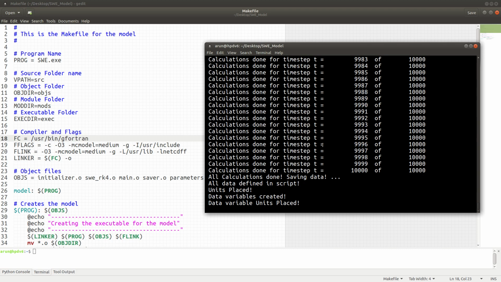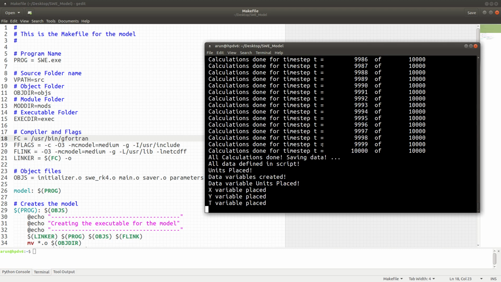Now we finished all the calculations, and it's taking time to save all the data. It's placed all the distance variables and time variables, and now it's placing the bigger ones, the u variable. Hopefully in a few more seconds this should finish.